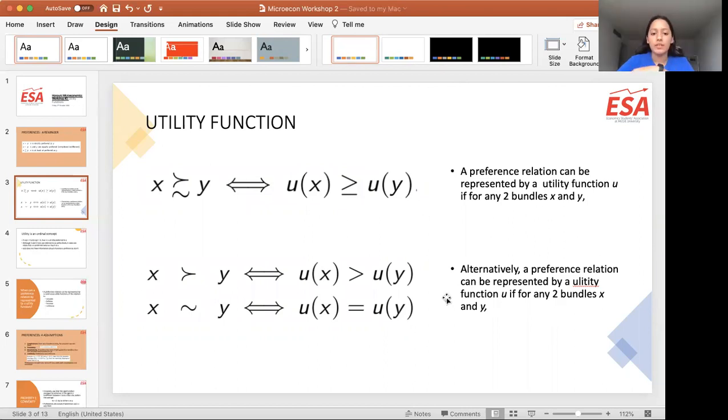The only difference is that when a person is indifferent between the goods X and Y, you just say that the utility they get from X and the utility they get from Y is the same, so you just use the equal sign. It's pretty straightforward.